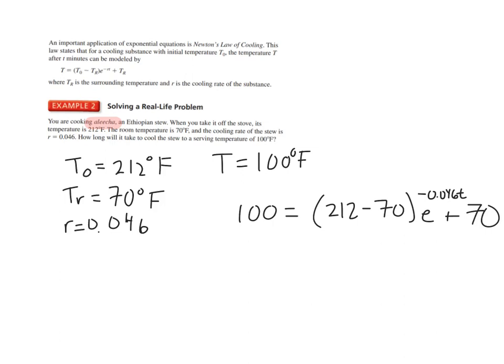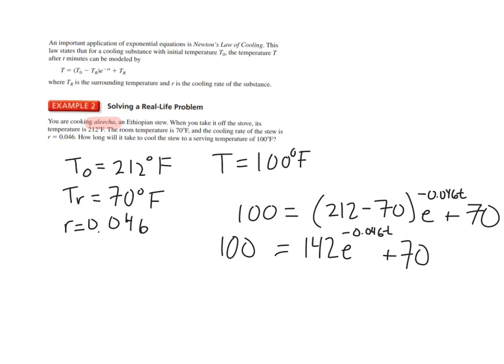So I've got the 212 minus the 70. Let's do that. That gives me 142 e to the negative 0.046 t plus my 70, okay? I'm now going to go ahead and subtract 70 from either side.